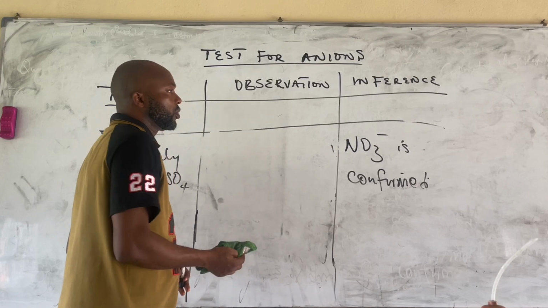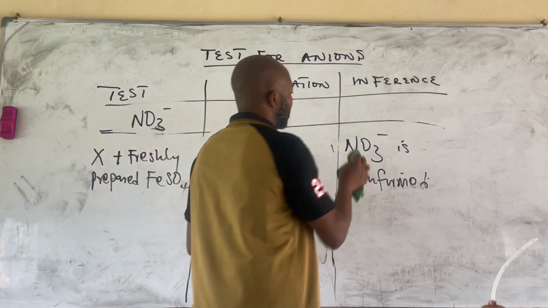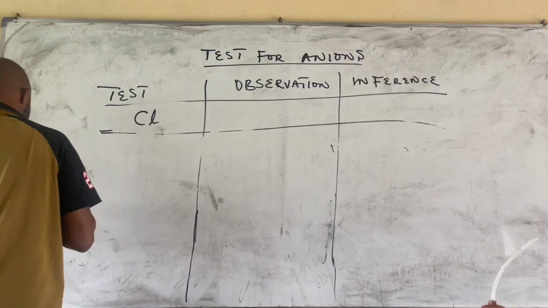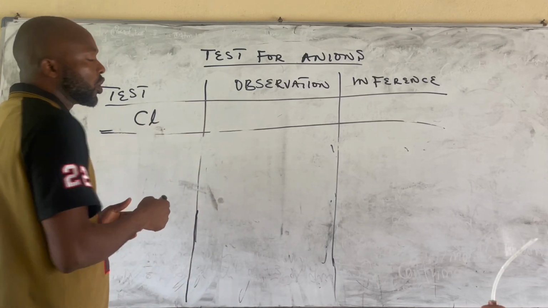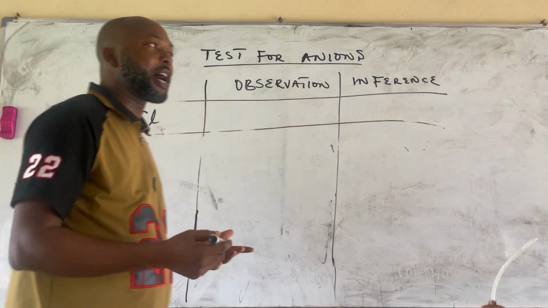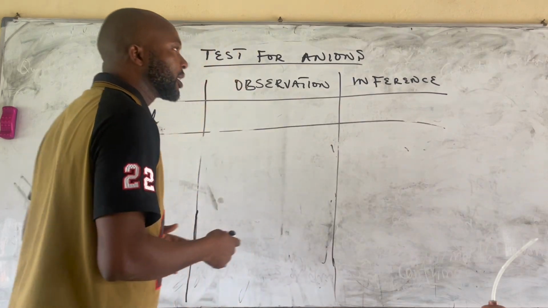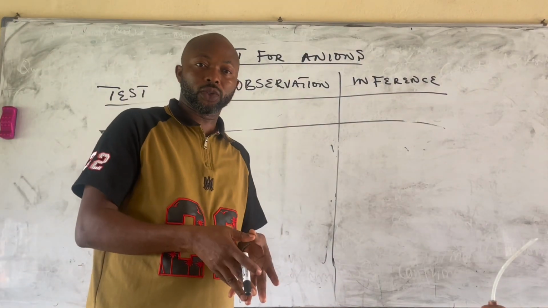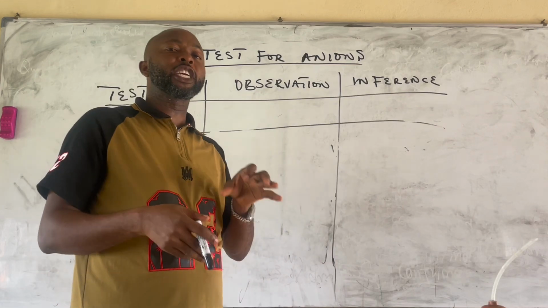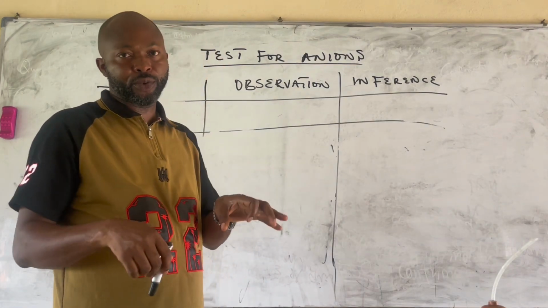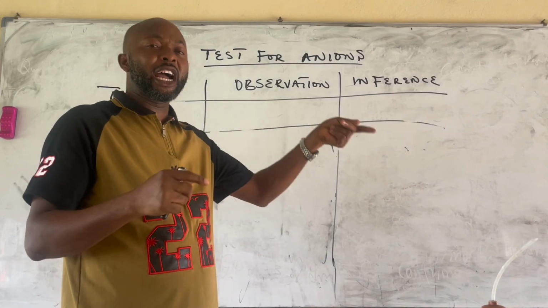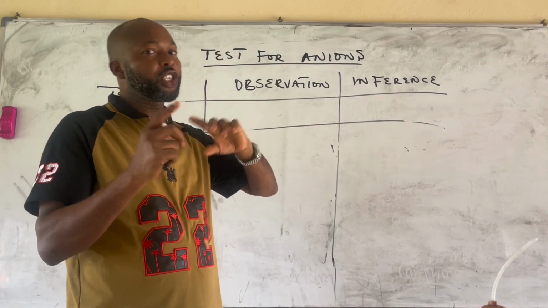Let's move on to chloride, test for chloride. In test for chloride, the same principles are applied, but different reagent. Let's say the sample is sodium chloride, which is our salt that contains chloride. We want to test for the presence of chloride in that sample, so the reagent is meant to react with the anion, which is the chloride, and not touch the sodium.